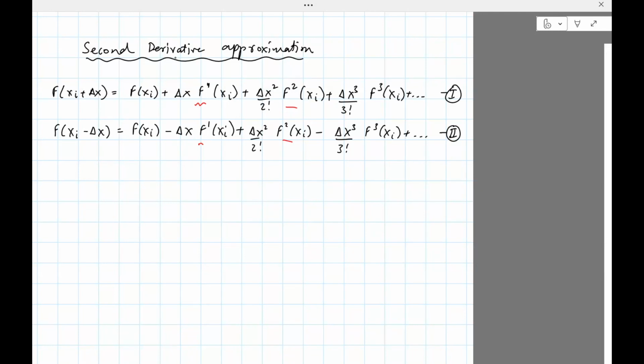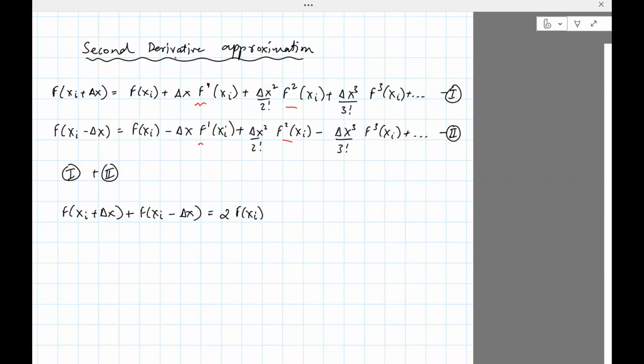Sum 1 with 2 to get f of xi plus delta x plus f of xi minus delta x equals 2 f of xi.